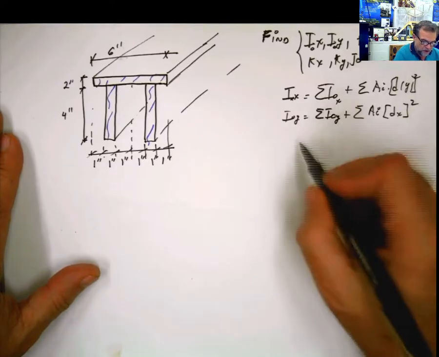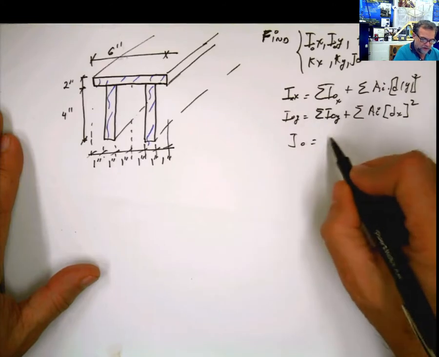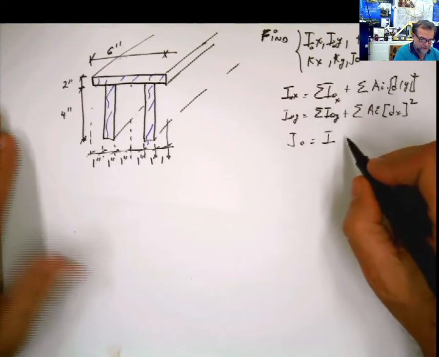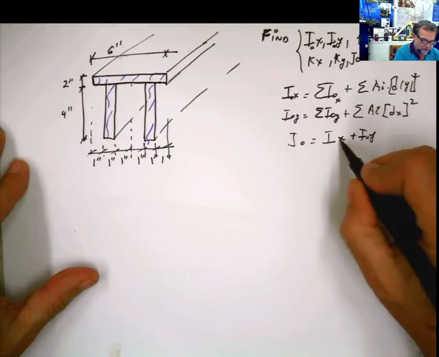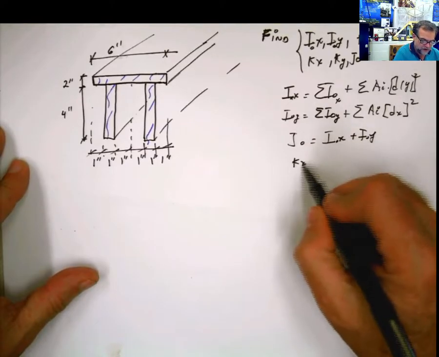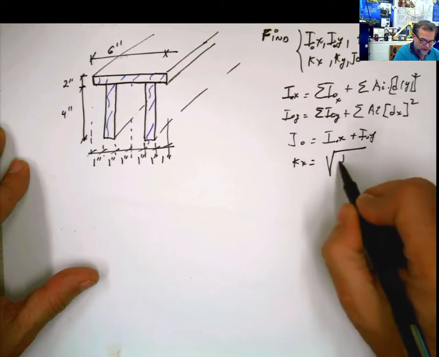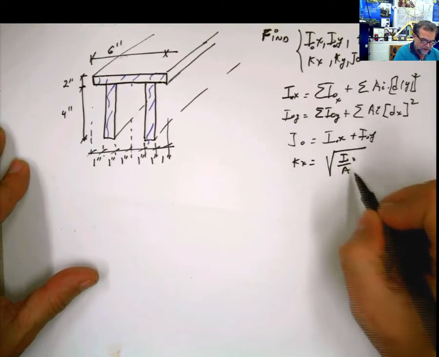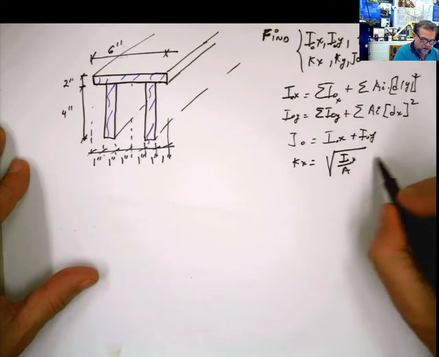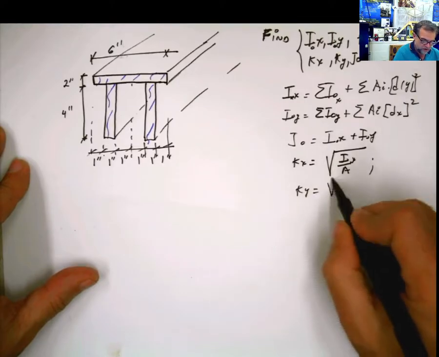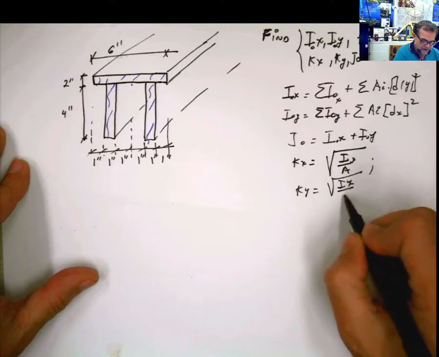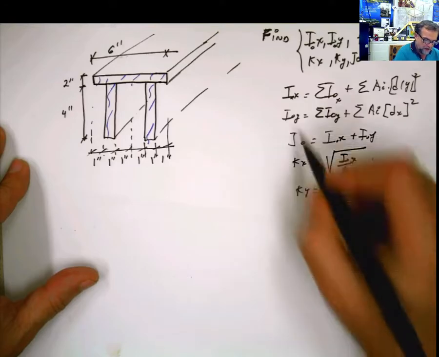Now the polar moment of inertia can be calculated by Ix plus Iy, and the radius of gyration is just the square root of Ix divided by A in the x direction, or in the y direction the square root of Iy divided by A. This is what we have to do.